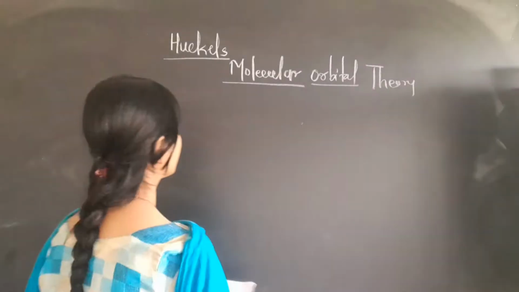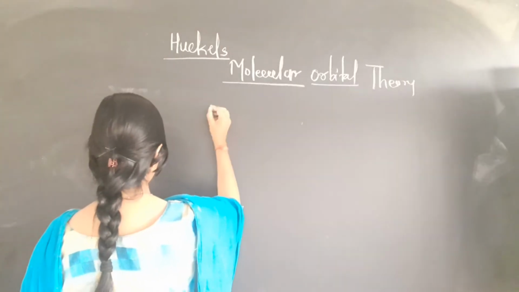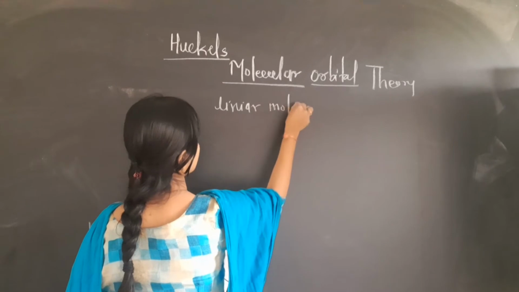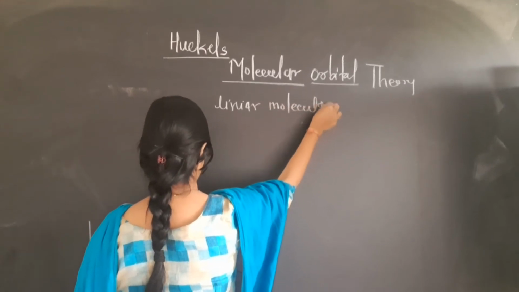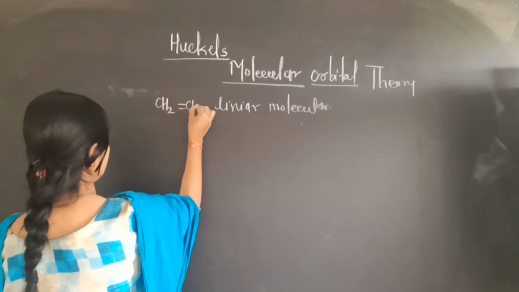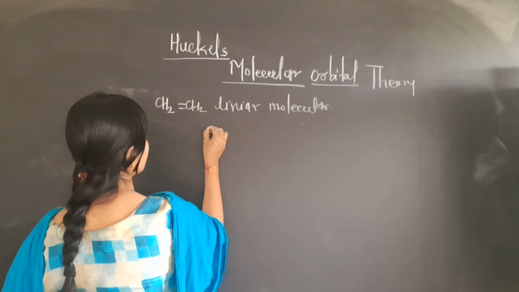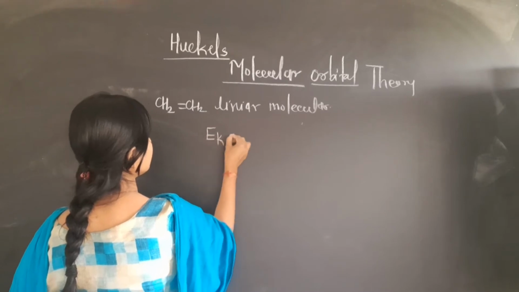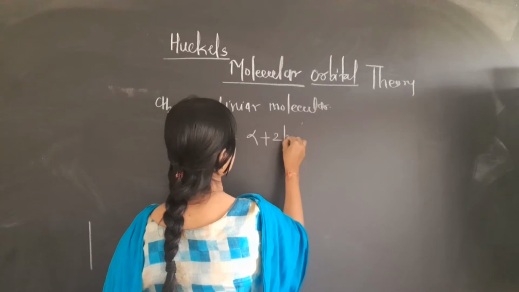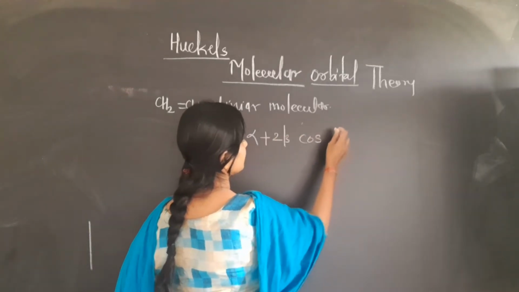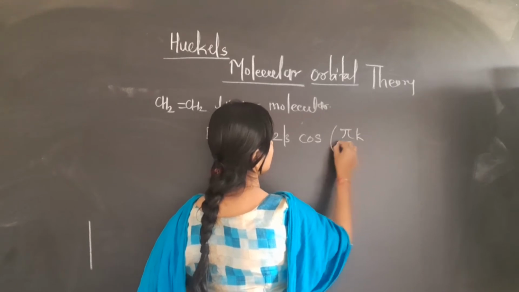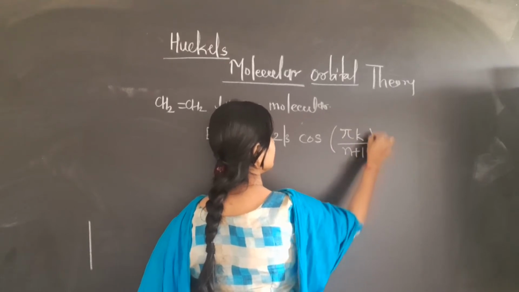Okay, so the equation for a linear molecule, for example CH2=CH2. Friends, if you remember, this is the equation: alpha plus 2 beta cos (k pi upon N plus 1).